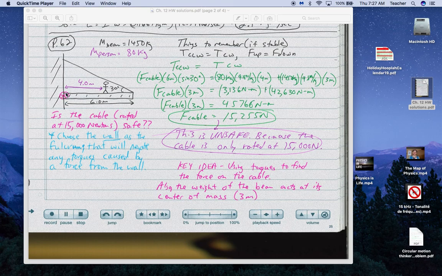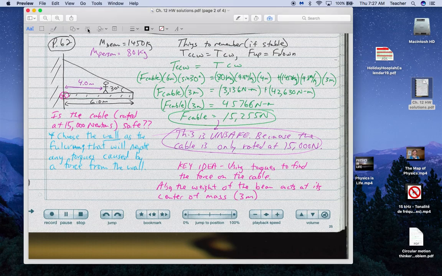I'm choosing the wall as my pivot point, or fulcrum, because the wall is definitely interacting with the beam, but I don't know exactly how. I know there's going to be a force, but I don't know whether it's up, down, left, right, or some components of both. That way I eliminate that unknown, and my only unknown is the tension in that particular cable.